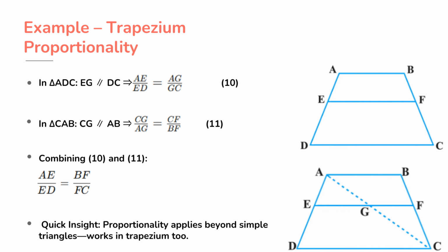So we've proved the trapezium proportionality theorem by carefully using the basic proportionality theorem in different triangles and linking them through point G. Quick insight: sometimes one cleverly chosen auxiliary line, like joining AC here, is the bridge that unlocks the whole proof. And that's how trapezium proportionality is established. In the next example, we'll see how similar constructions help us solve even more complex geometry problems.